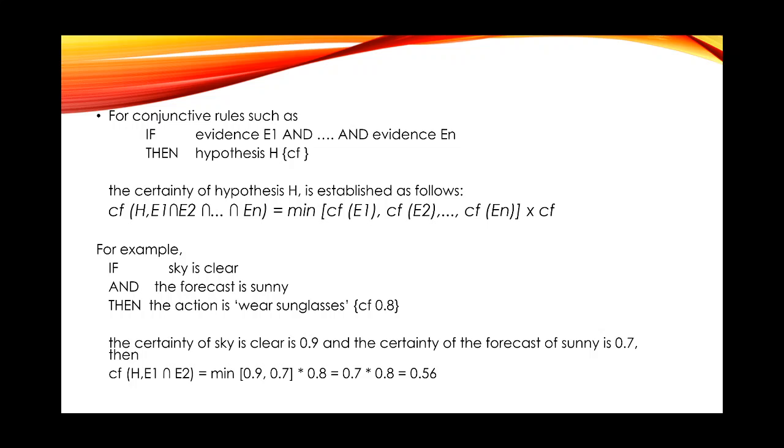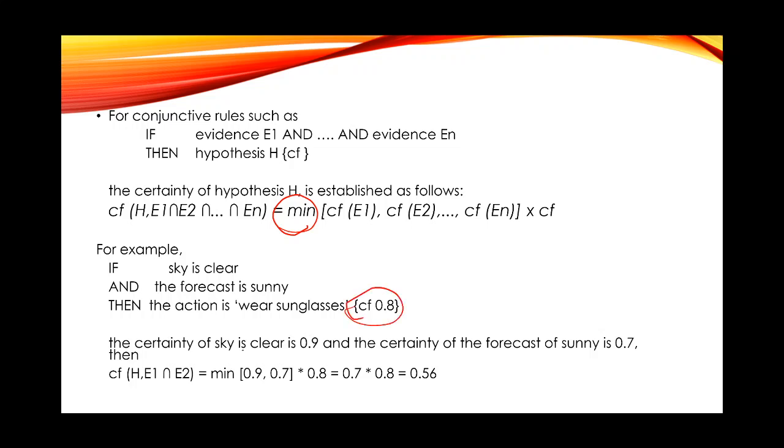If we have a conjunctive rule such as evidence E1 and evidence E2, up till En, then we have the hypothesis with the CF value. How are we going to establish the CF value? By using the minimum. For example, if the sky is clear and the forecast is sunny, then the action is wear sunglasses with CF 0.8.